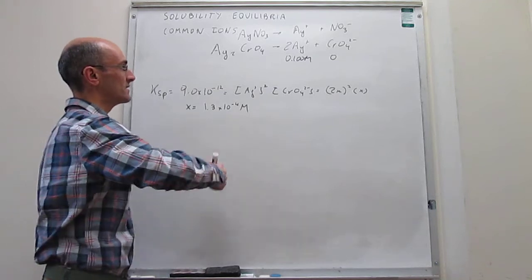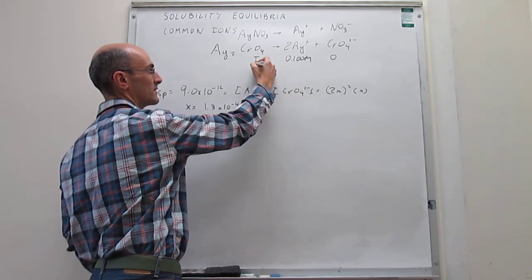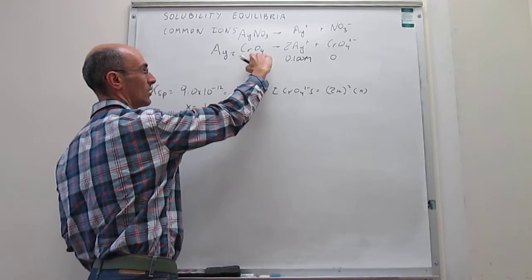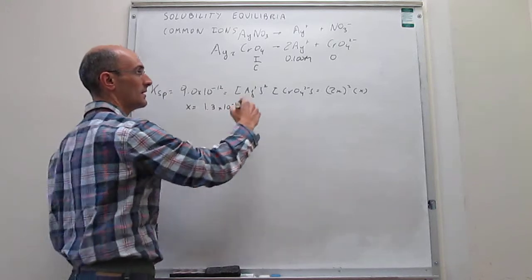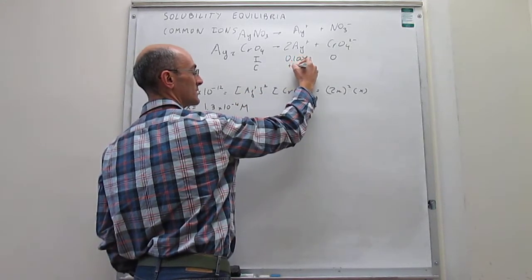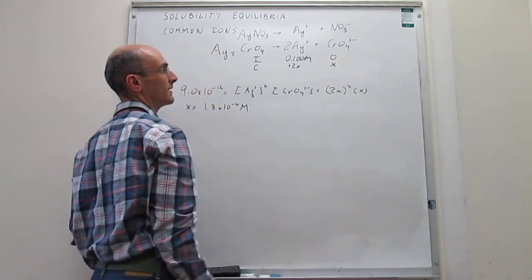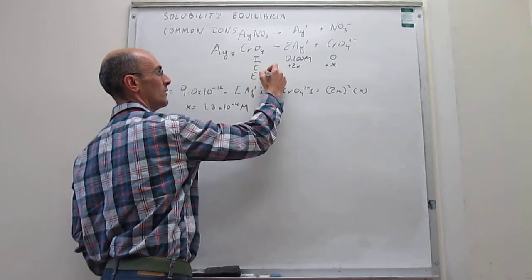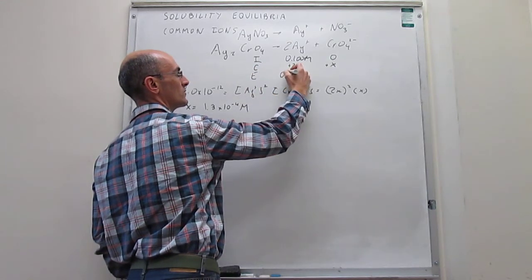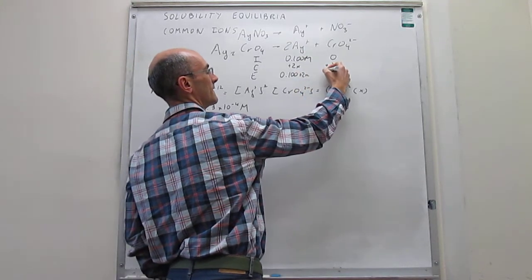These are your initial concentrations of the ions, but then there's going to be a change caused by the dissolution of the silver chromate, which is plus 2x, where x is the solubility of the salt, and plus x for chromate. So at equilibrium, your concentrations will be 0.100 molar plus 2x, and x.